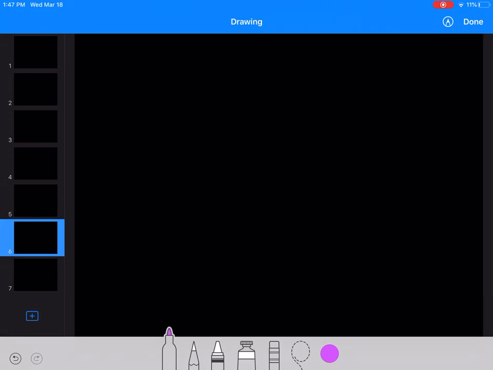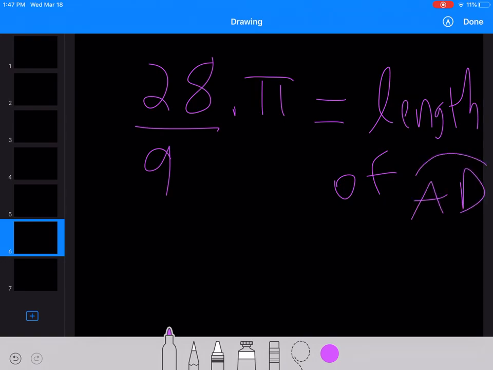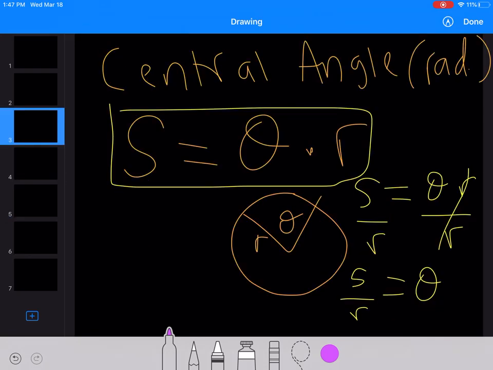And in the end, we'll get 28 over 9 times pi is the length of AD. Okay, so that's not too bad. We know how to find that.